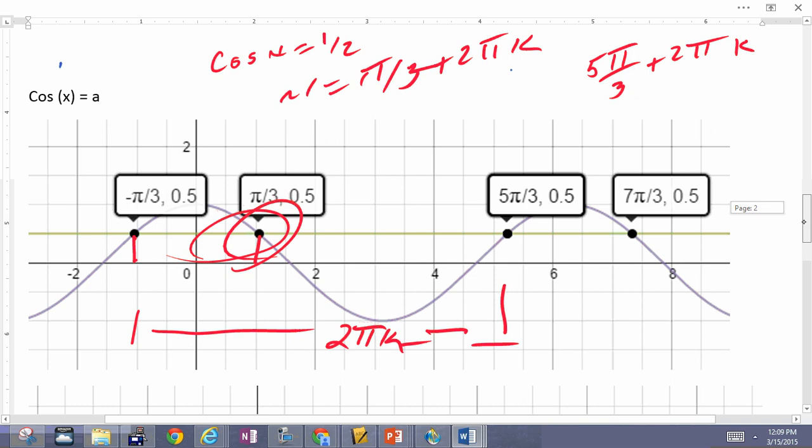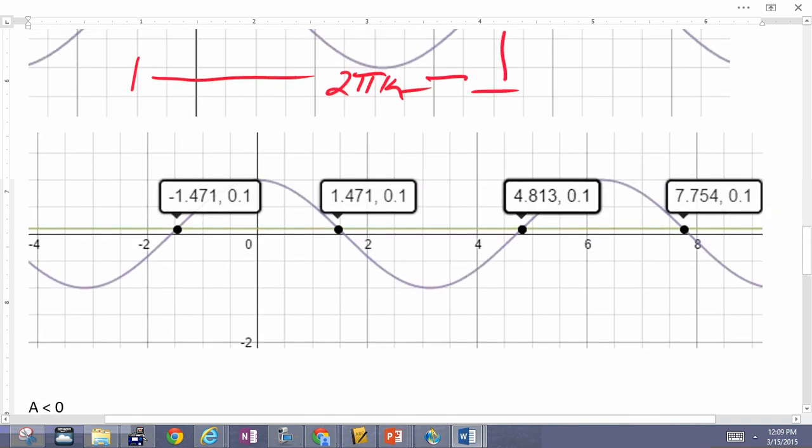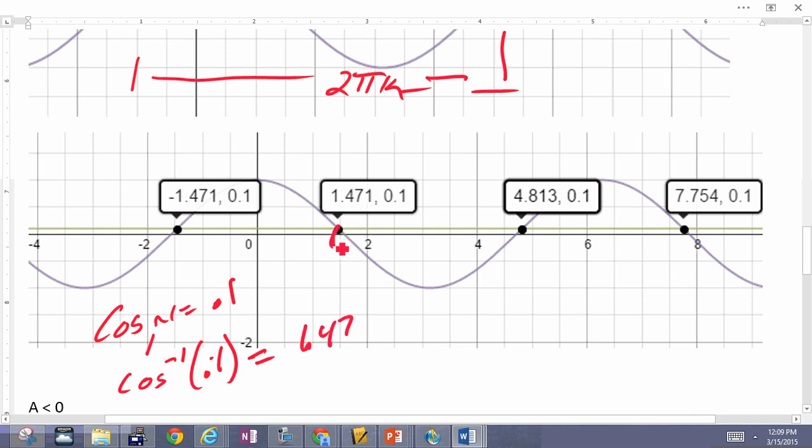So moving down here, what are the solutions to the cosine of x equaling 0.1? Well, we know there's a solution, and it's found by asking the calculator what is the cosine inverse of 0.1. You can check it for yourself. I guarantee it gives you 1.47. But we're going to take that and its opposite.